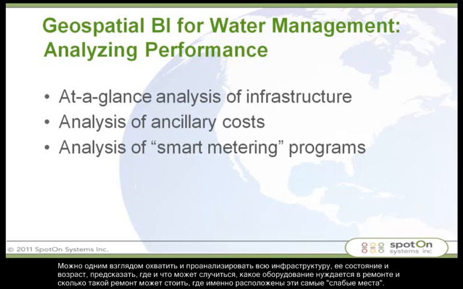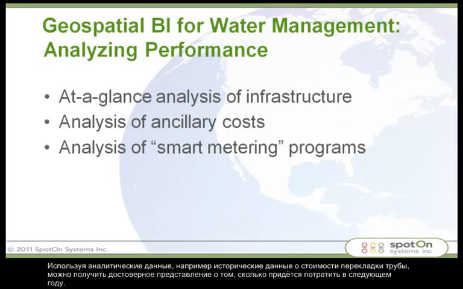You can predict things like where are we most likely to have to do repairs, how much are those repairs likely to cost given where they're located. And if you can tie that into business intelligence data, historical data, for example, about how much historically things have cost, like traffic rerouting costs or additional policing costs, whatever, you can get a real picture of what you're likely to have to spend in the upcoming year.